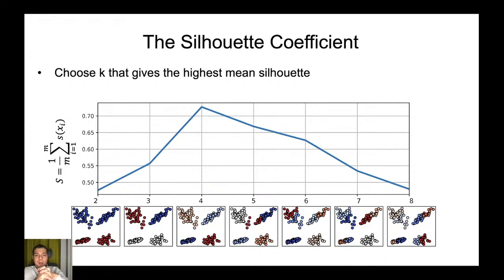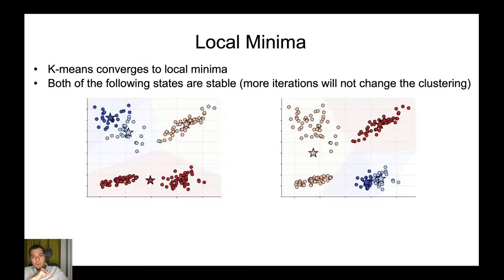In practice, this function can have different peaks, and for the elbow method it might not be that obvious. These are commonly used approaches, but they don't always work well in practice.